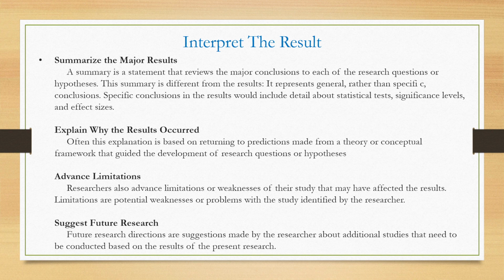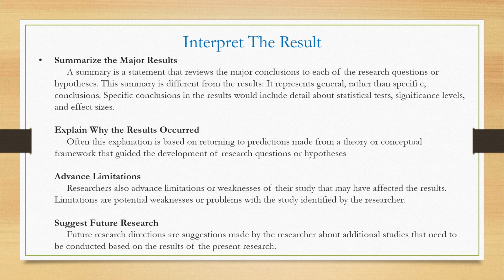Next is explain why the result occurred. Often this explanation is based on returning to predictions made from a theory conceptual framework that guide the development of research question or hypothesis. The third is advanced limitation. Researchers also advance limitations or weaknesses of their study that may have affected the results.